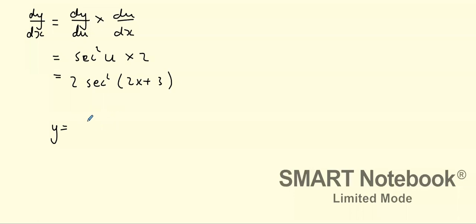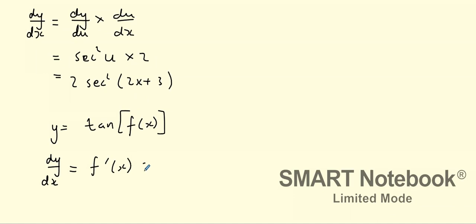If y equals tan f of x, dy by dx equals f dash of x sec squared f of x. Okay, that is how we differentiate tan f of x. And that makes sense in the example above.